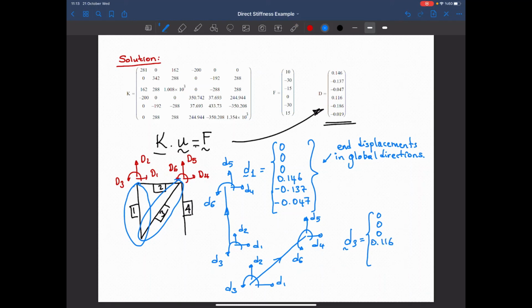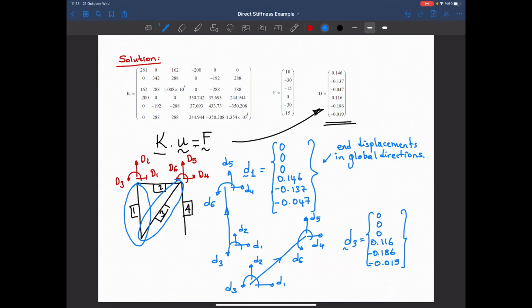The fifth degree of freedom is this one, minus 0.186. And finally, I'll be looking at the rotation at the end, that's equal to D6 in the global, and that gives me minus 0.019.